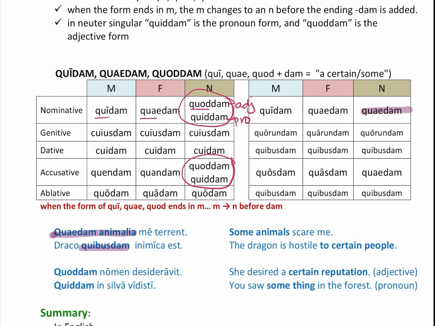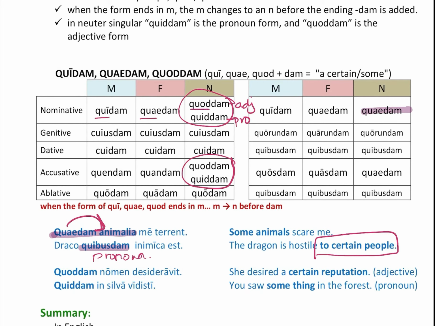So here, in the first one, some animals, it's acting as an adjective. Here it's acting as a pronoun. Do you understand the difference? Because to certain people, all we have is the pronoun. And remember, people can be understood as part of the implied. The dragon is hostile to certain people.